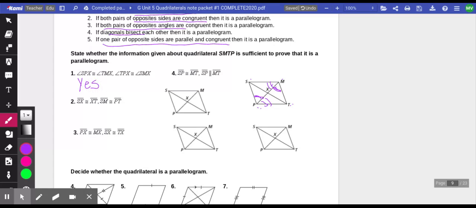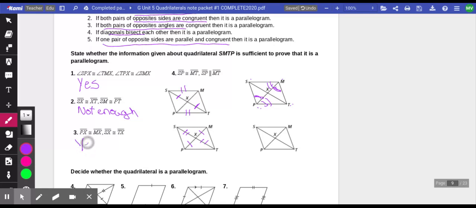So number 2 is if we know SX is congruent to XT and SM is congruent to PT. That is not enough information because it tells me one diagonal is bisected, but not the other. Number 3 then says that PX is congruent to MX and SX is congruent to TX.